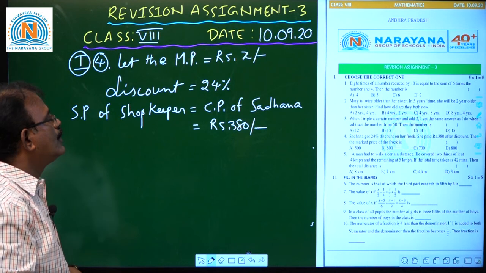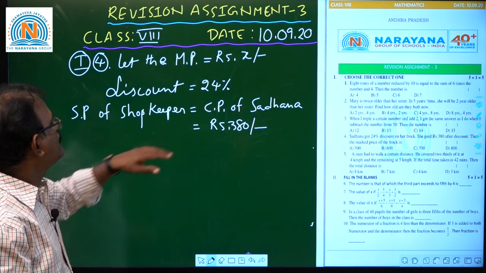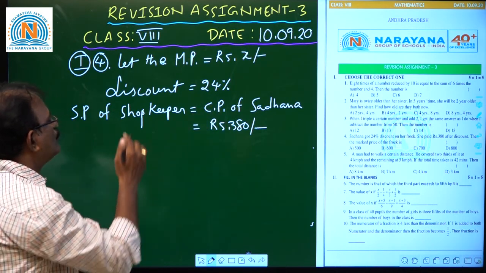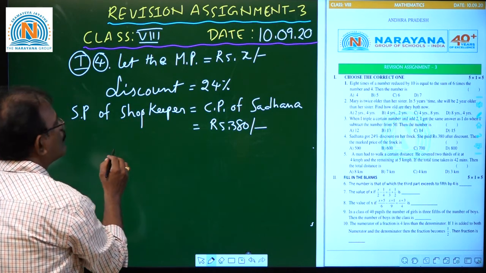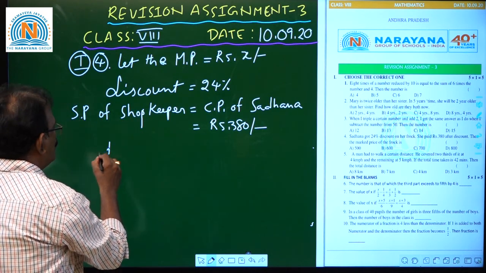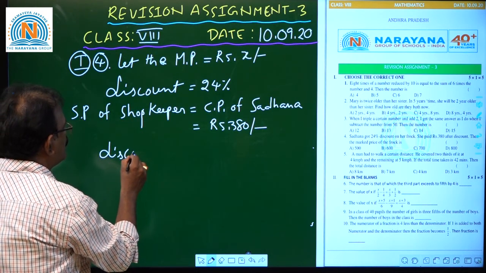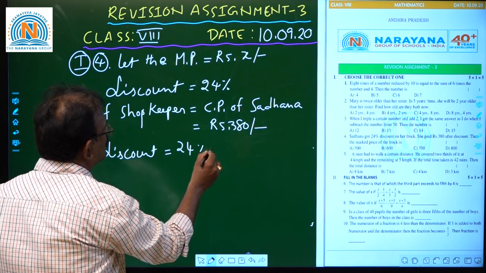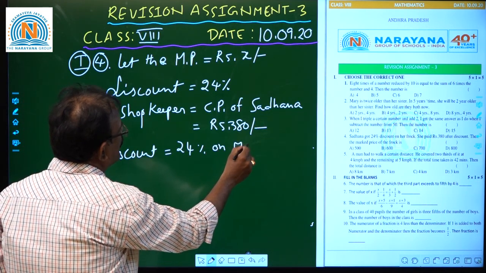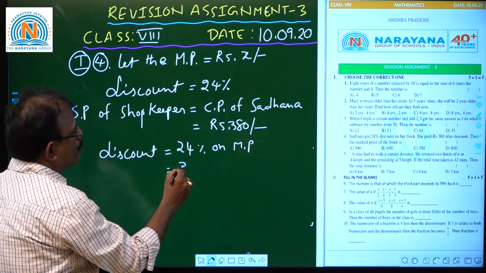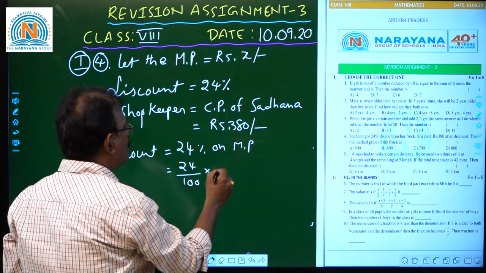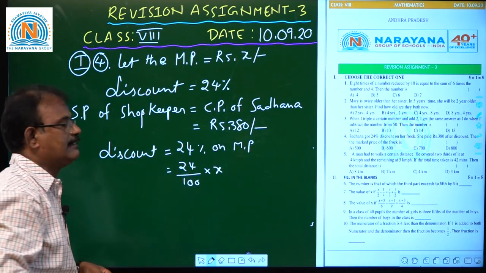Okay, children. Now first of all, this is after reduction of the proper discount. How to find the discount, children? 24% on marked price. That means 24 by 100 into marked price, which we don't know, that is what is required to find.